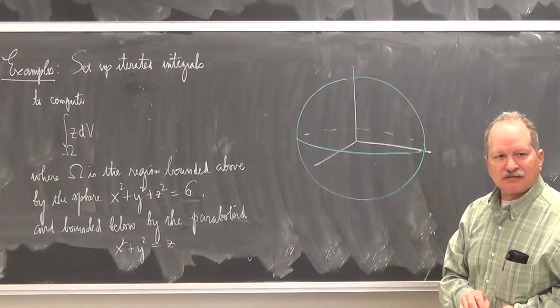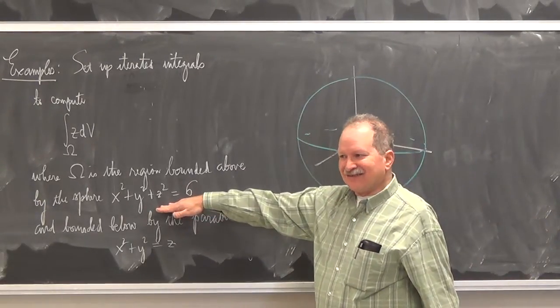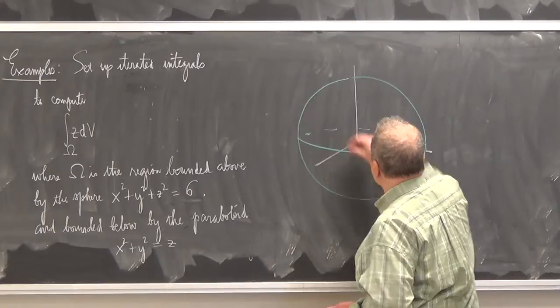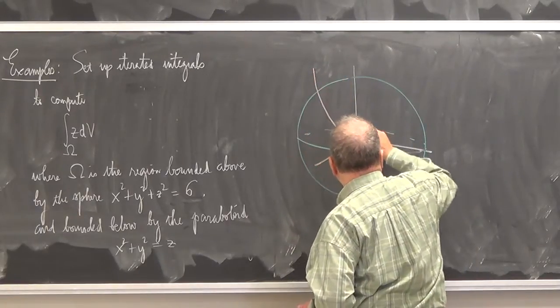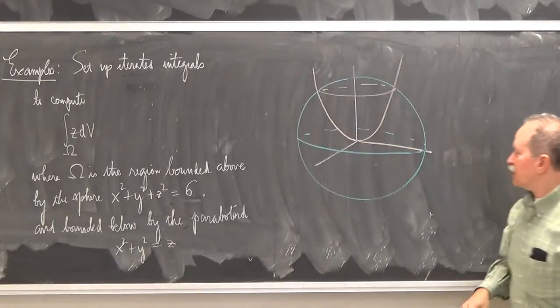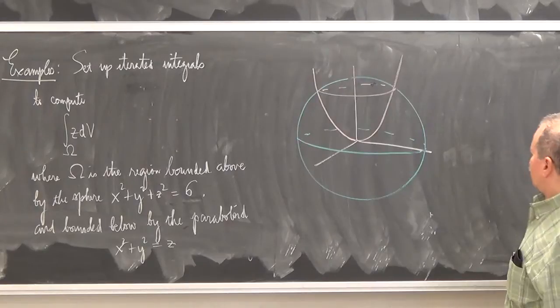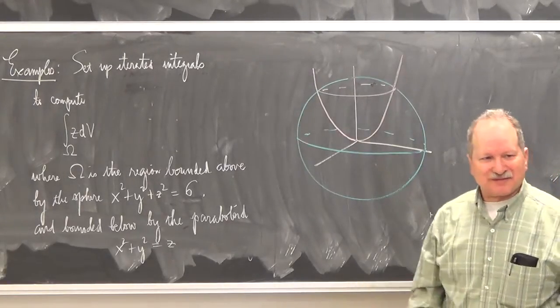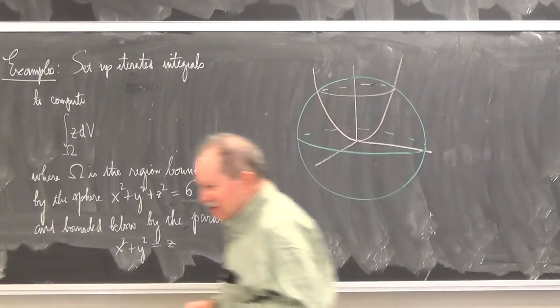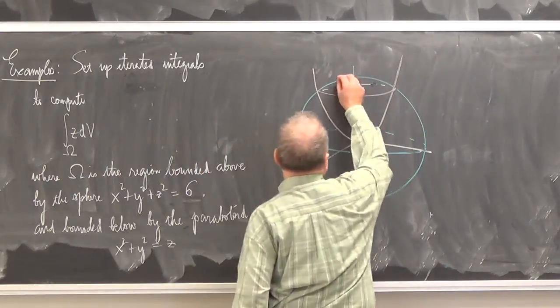Yes, the sphere is centered at the origin. So I have an upward-facing paraboloid that goes something like this. And so you get a region that looks somewhat like a strange-shaped bullet or something. Not that I would know. Okay, so this is omega in here.